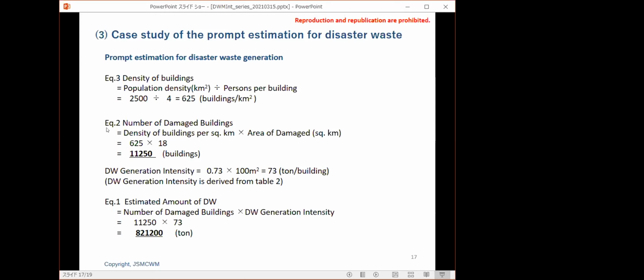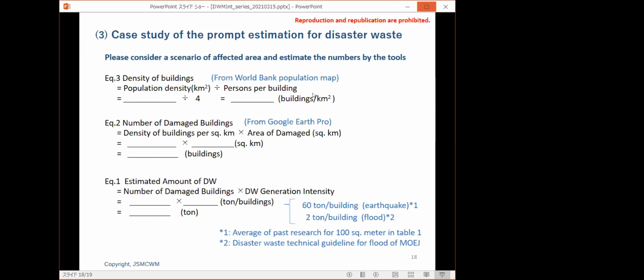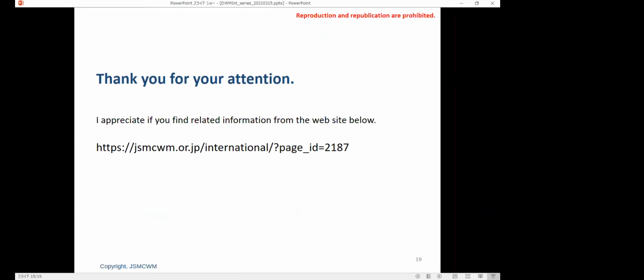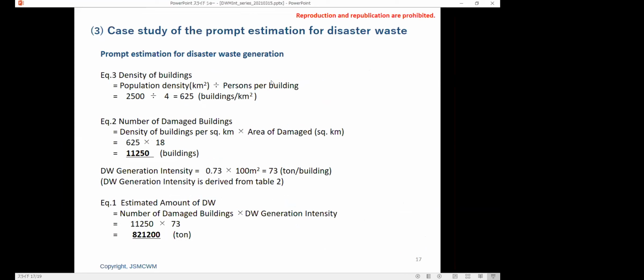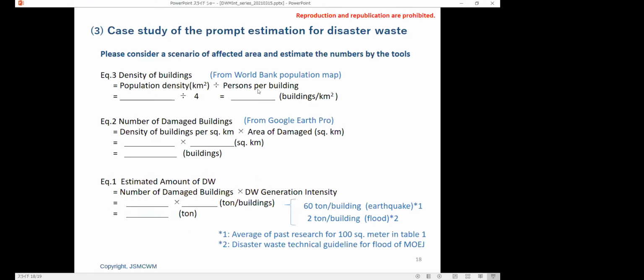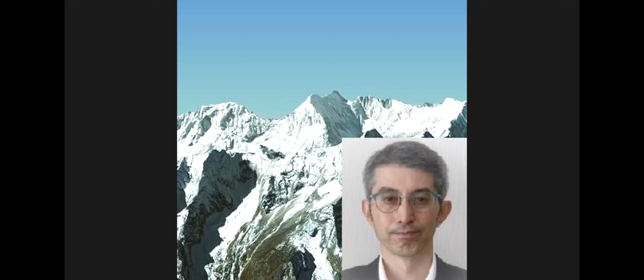And next, we estimate the number of damaged buildings in equation 2. So density of buildings per square kilometer, 625. Sorry, let me change the number.